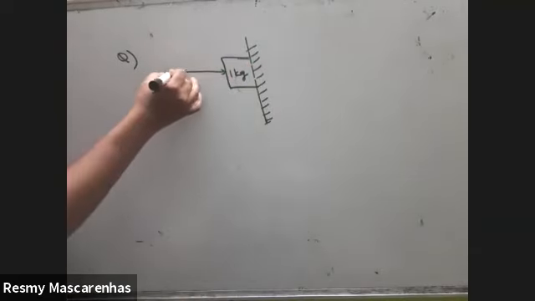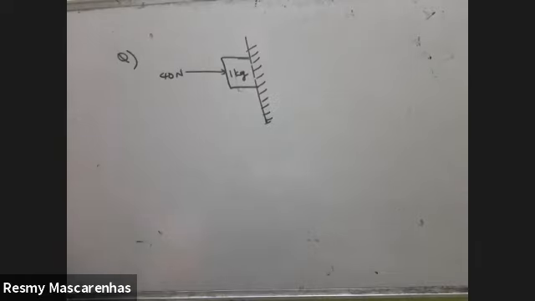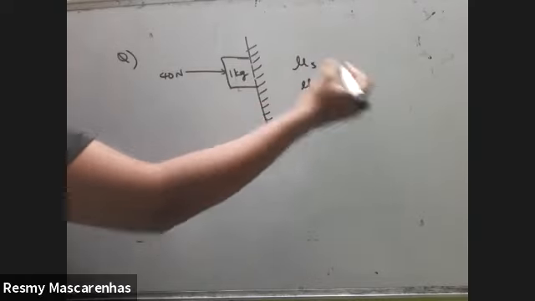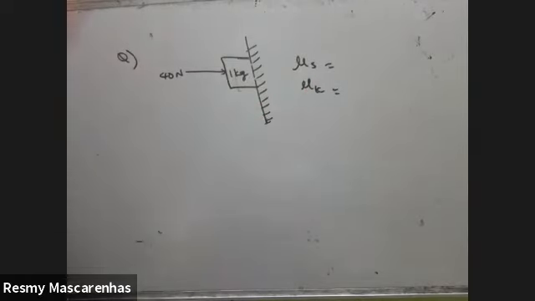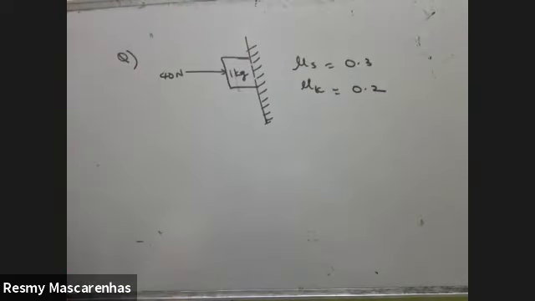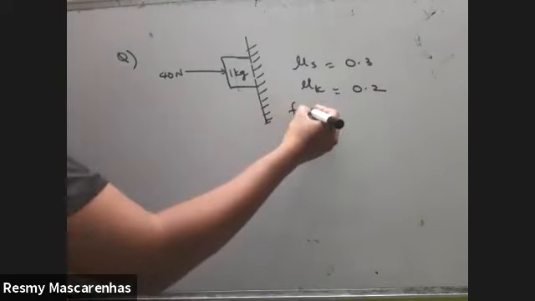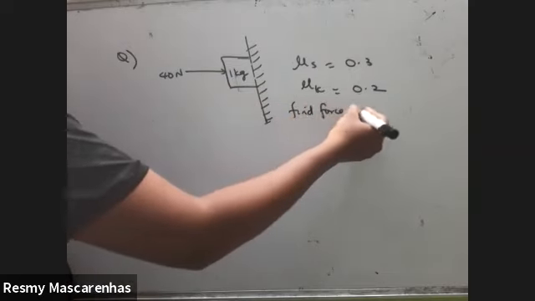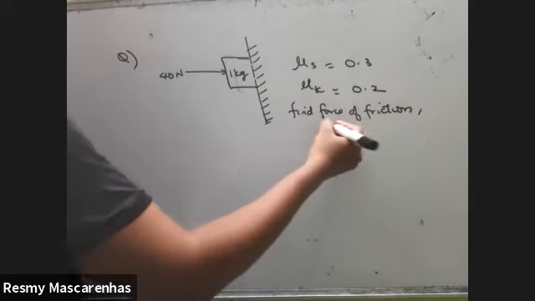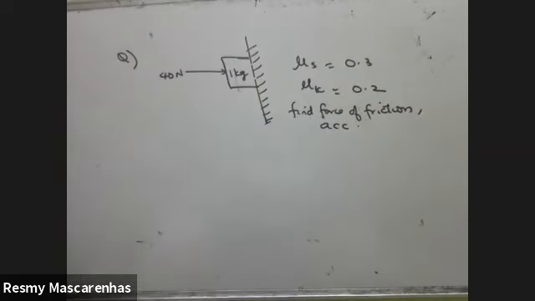This is 40 Newton. This is the applied force. Mu S, mu K, 0.3, 0.2. Find the force of friction and acceleration.